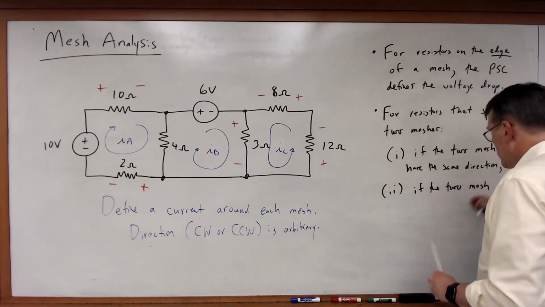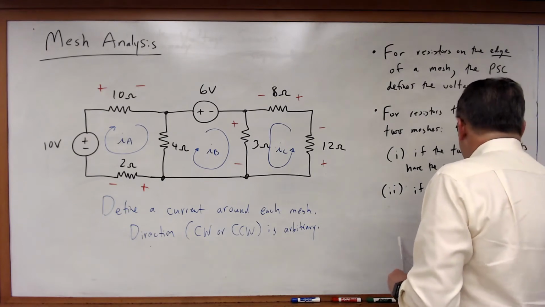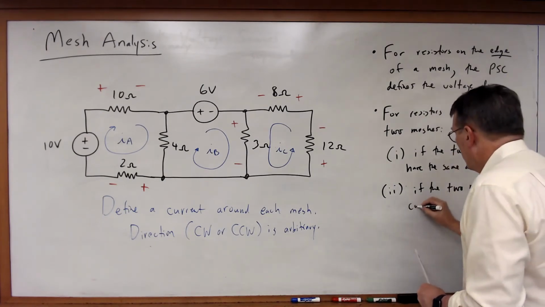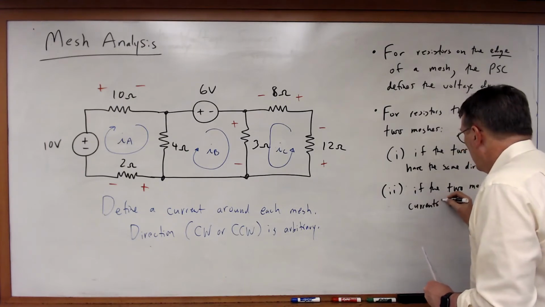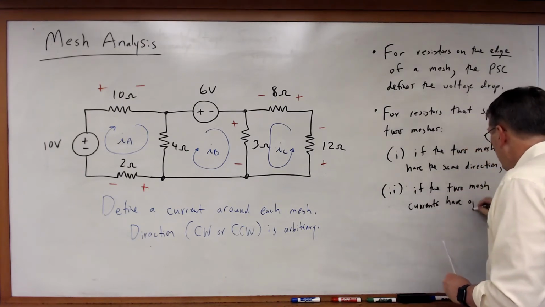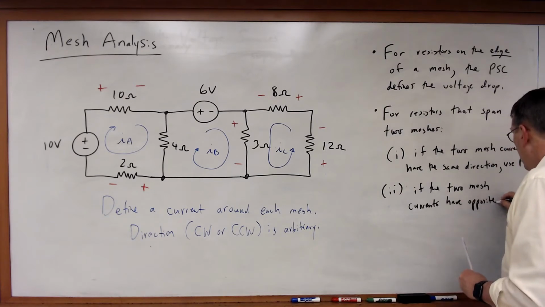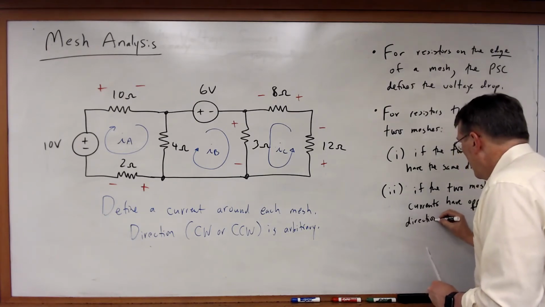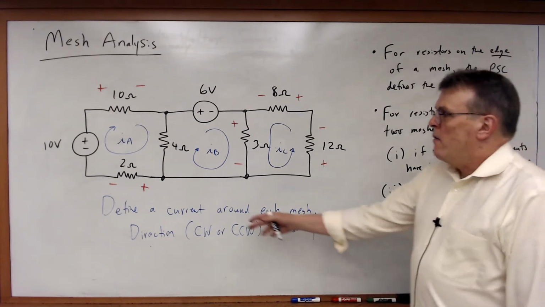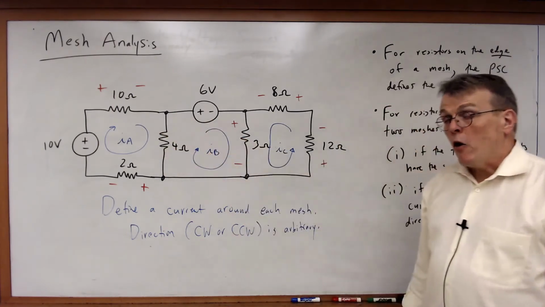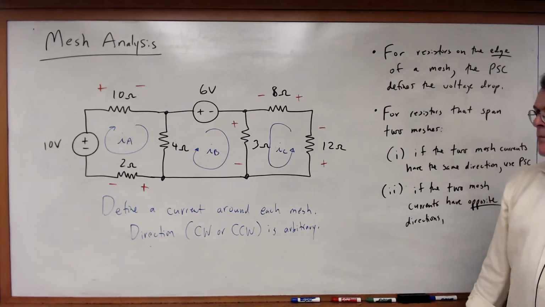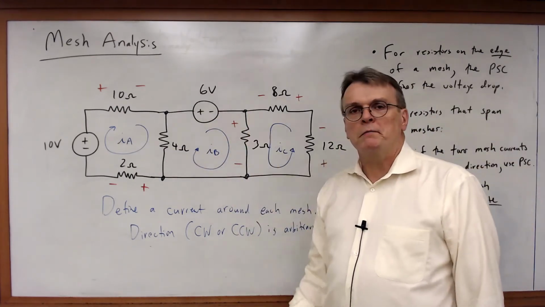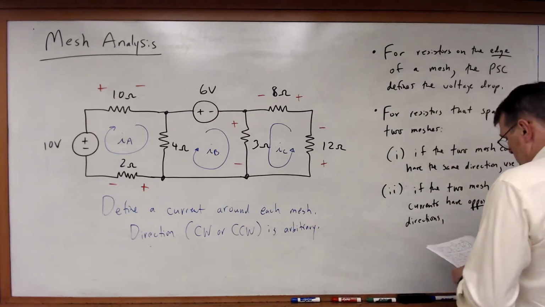If the 2 mesh currents have opposite directions, then we can choose an arbitrary polarity. We'll have to go with one or the other of the currents, so choose one. Then the polarity is arbitrary.